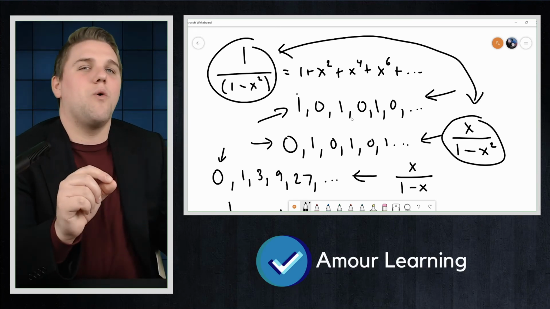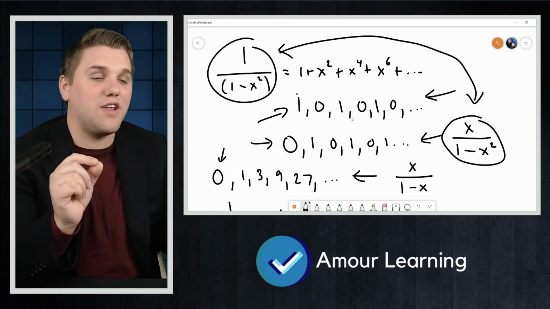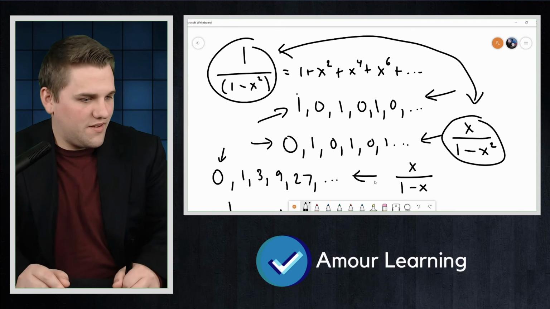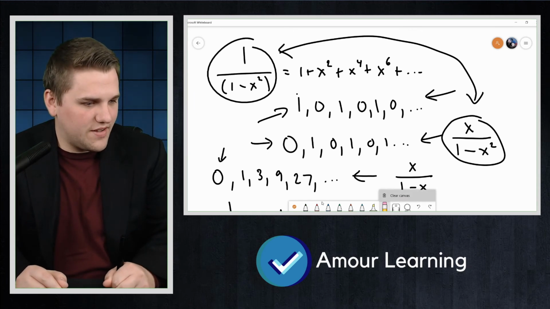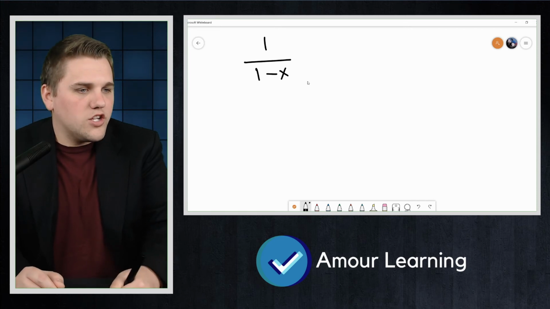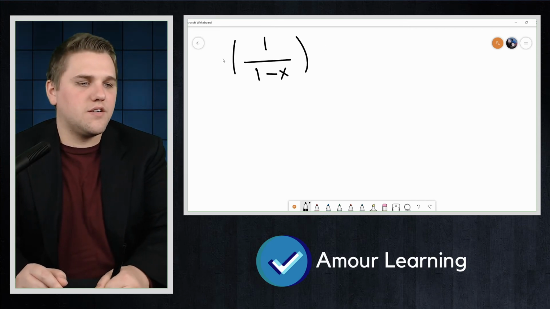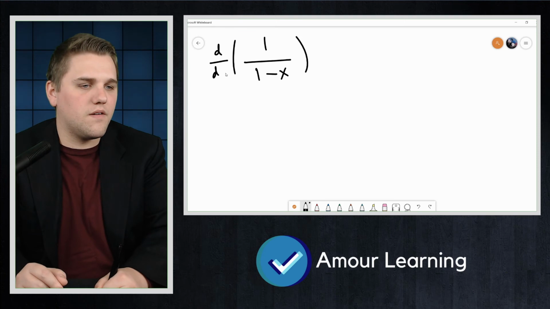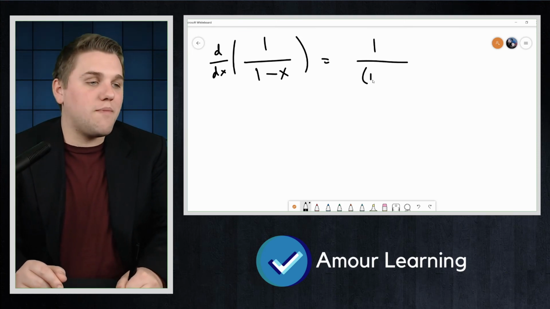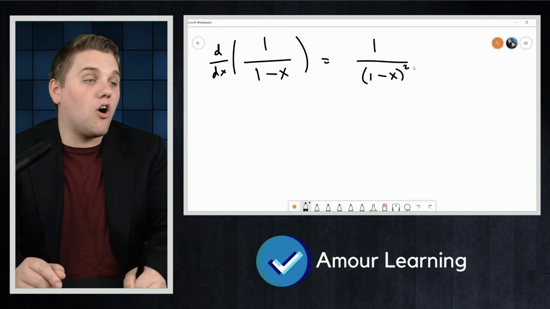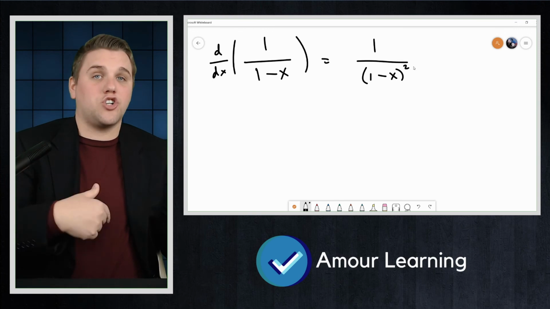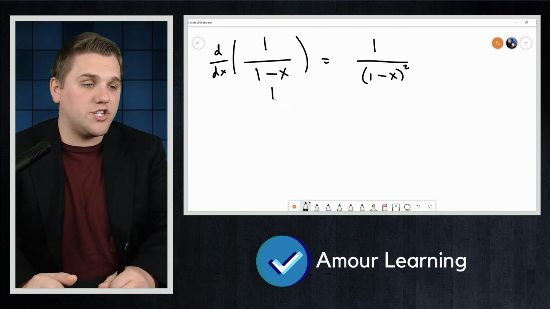Here's a sneaky one, though. What happens if you take the derivative of 1 over 1 minus x? Well, let's take a look. If we take the derivative of this, we get 1 over 1 minus x all squared. On the other hand, we can differentiate term by term in the power series.